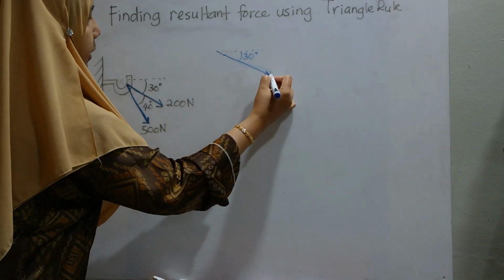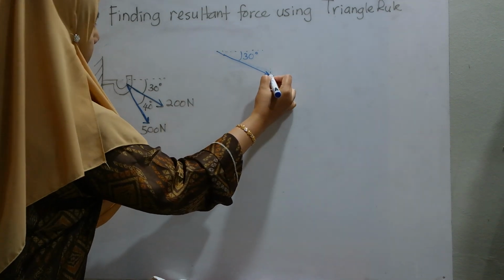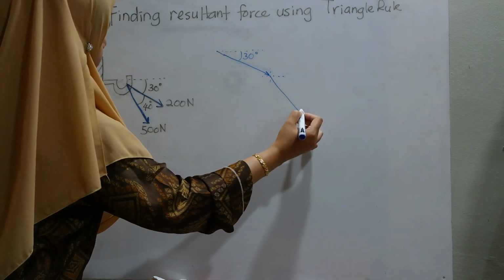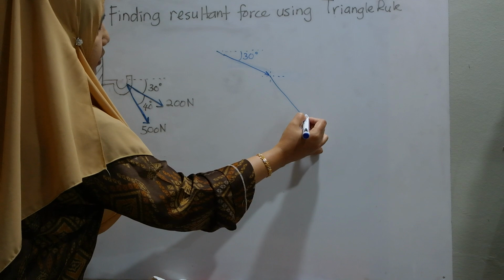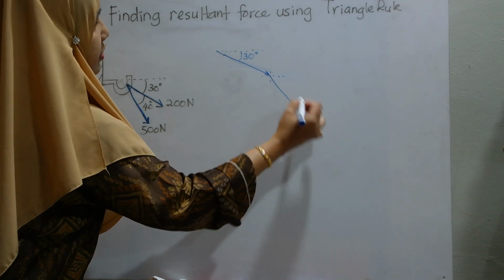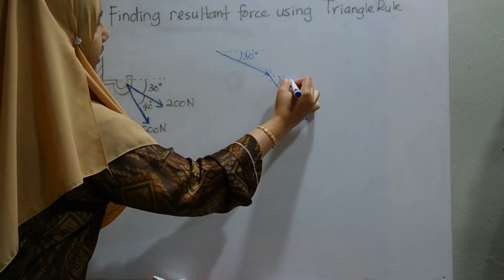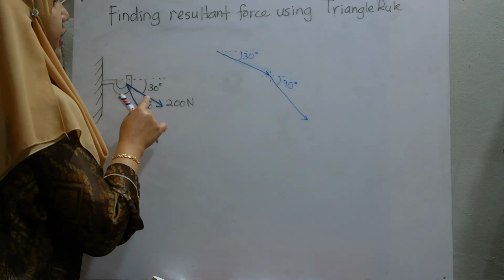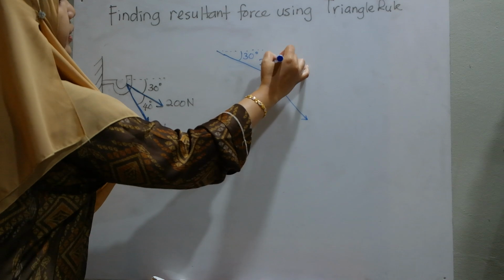So tip to tail, we add the tail of this 500 Newton force with the angle of 70 degrees. This one is 200 Newton with 30 degrees.